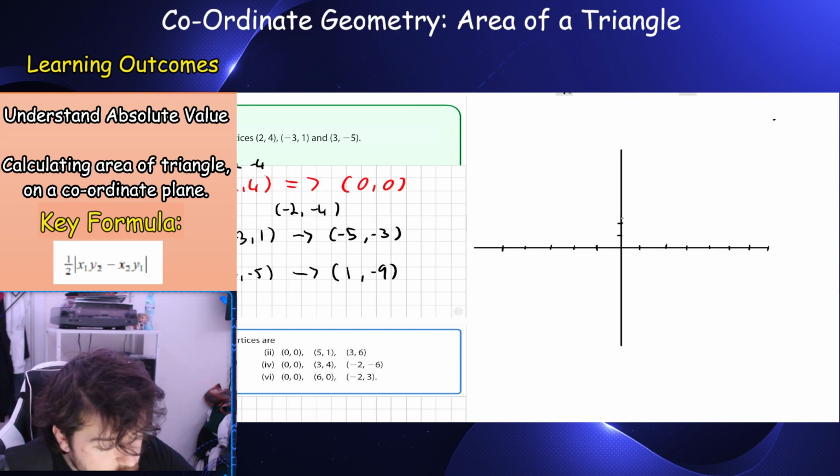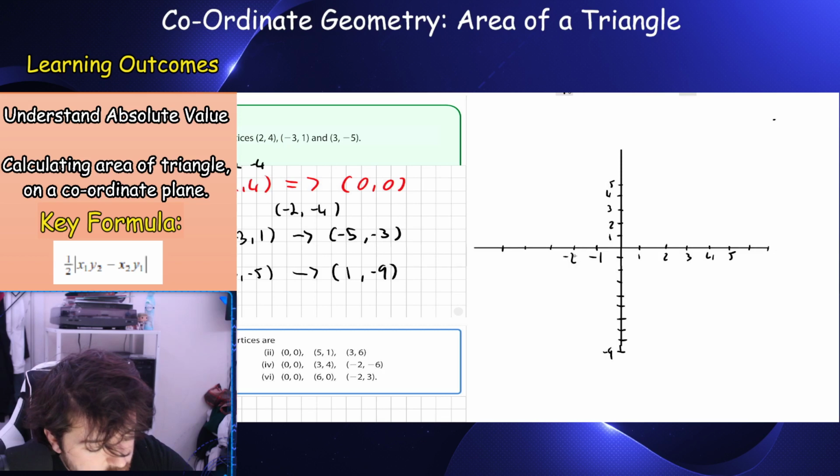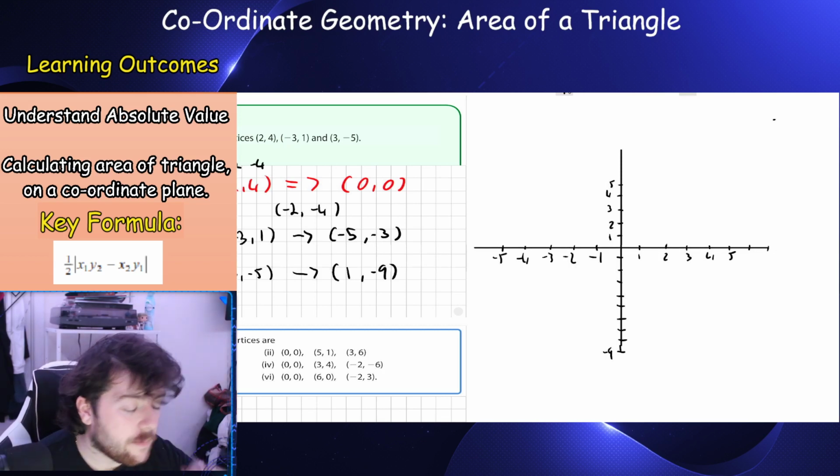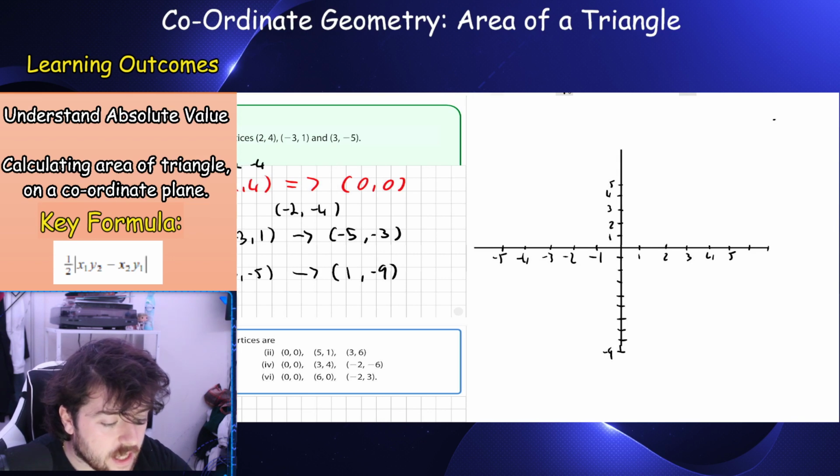Then 1, 2, 3, 4, 5 and minus 1 down to minus 9. So minus 9 is down here. I should have really done this before I started the video, but oh well. Yours will be a bit better than mine because you'll be all organised and have your boxes.